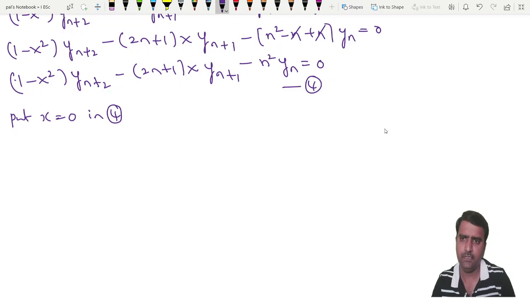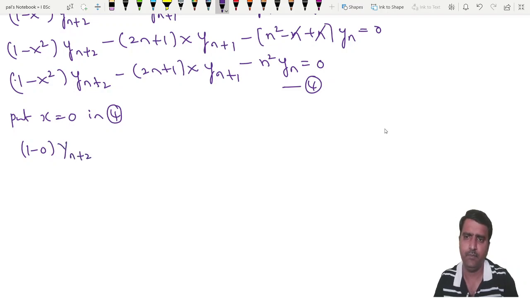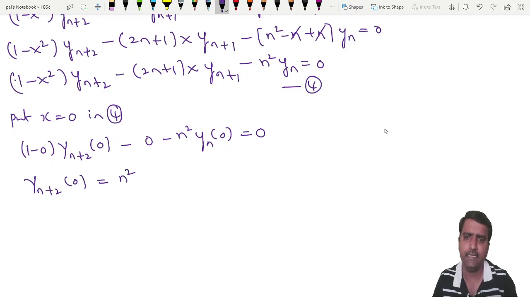Then it becomes 1 minus 0 into yn plus 2 of 0 minus 0 minus n square into yn of 0 is equal to 0. Then yn plus 2 of 0, taking this term to the right hand side, is n square into yn of 0.